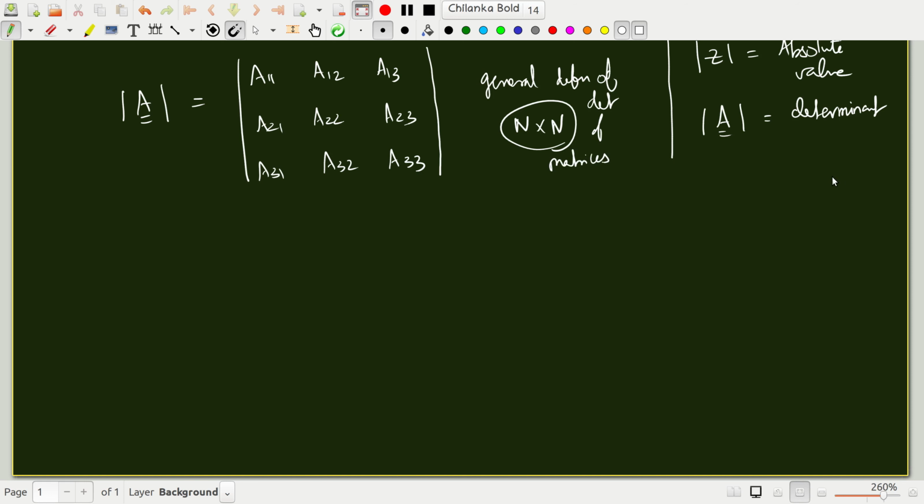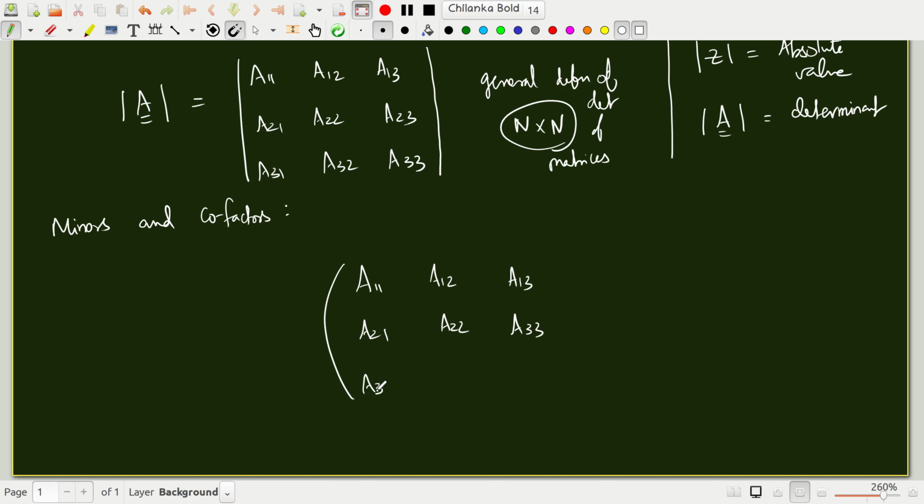So, in order to do that, we have to define two important terms and tell how to calculate them. These are called minors and cofactors. Now I have to take an example. Let's take a 3 by 3 matrix: A11, A12, A13, A21, A22, A23, A31.